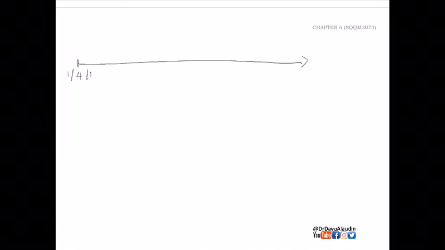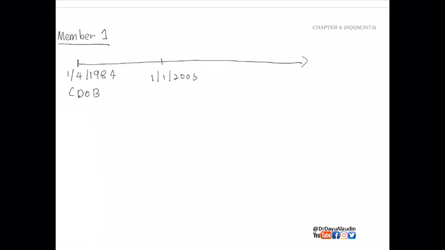The date of birth is 1st April 1984, and he starts joining on 1st January 2005, the start of the observation period, and also the join date.